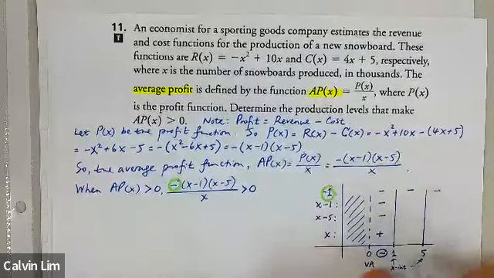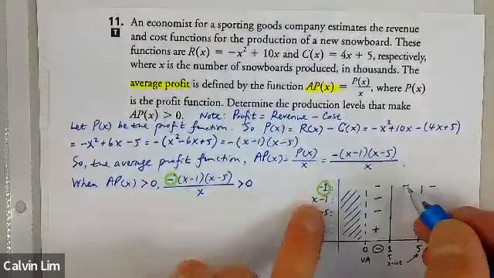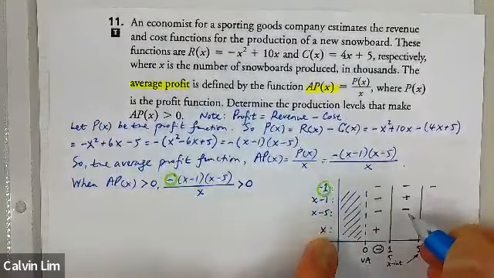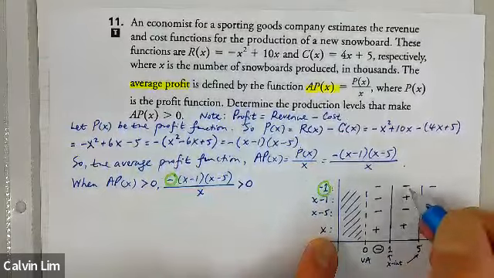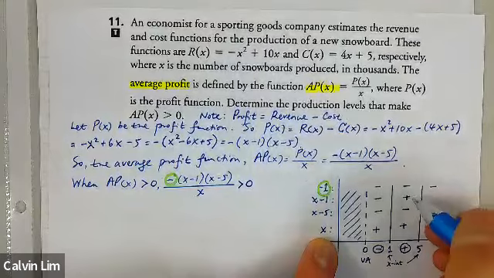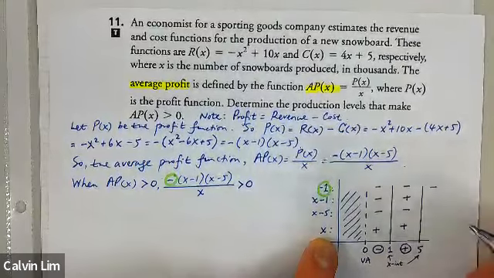When x is between 1 and 5, -1 is negative, x minus 1 is positive, x minus 5 is negative, and x is positive. So the net result is positive, right? Negative times positive times negative times positive is positive.